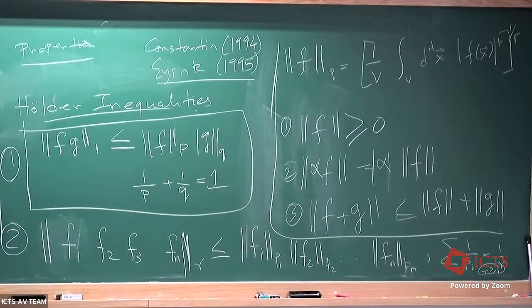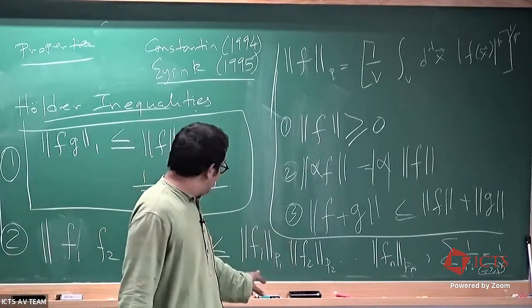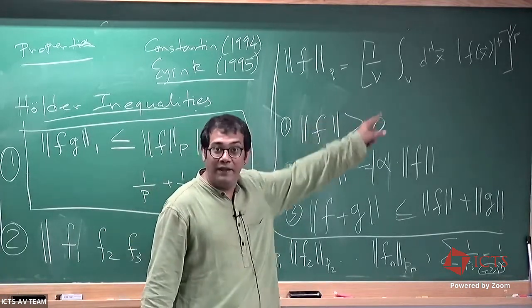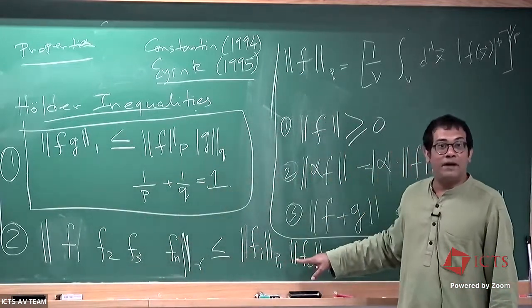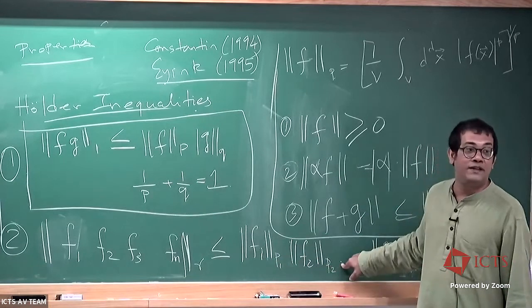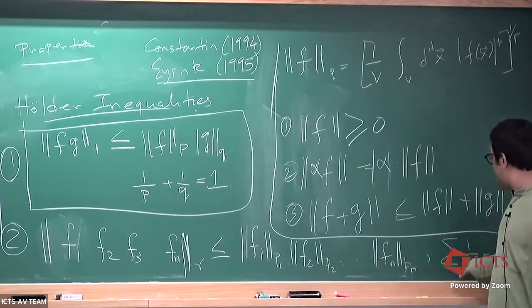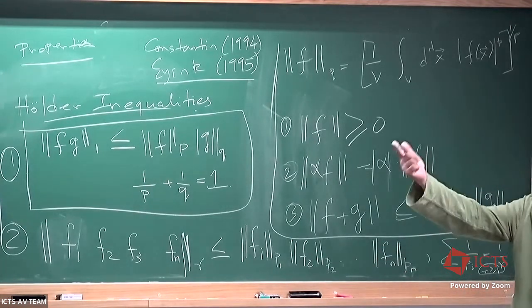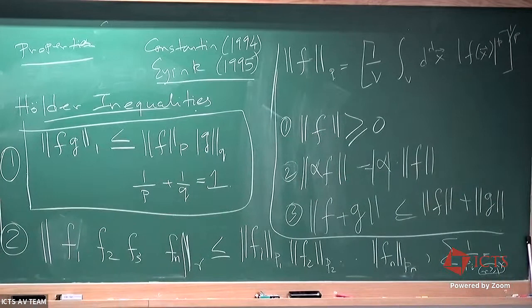So if you take a sequence of n functions, multiply all of them and take the rth norm, there's a quick check you can immediately do. Take all the functions to be like the velocity, take their products, plug it in there, take the rth norm, replacing p by r just for convenience. Then that must be smaller than if you take all of these individual functions and take suitable p1, p2, p3, etc. norms, such that the sum of 1 over pi is equal to 1 over r. Trivial check, do it for p equal to 1.